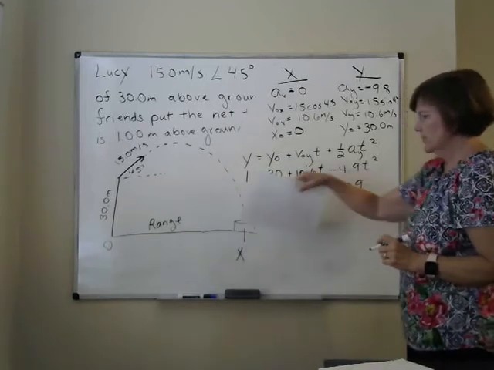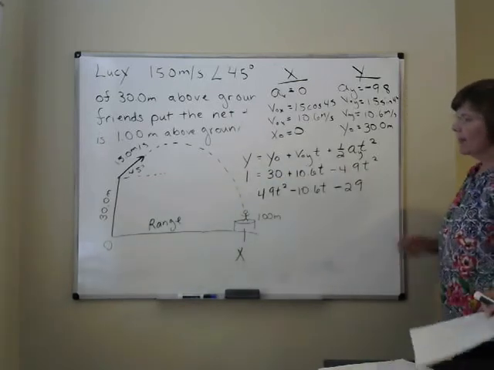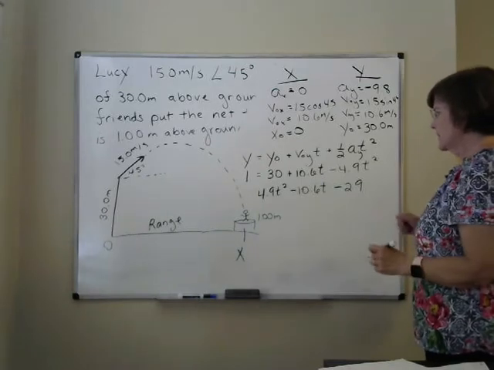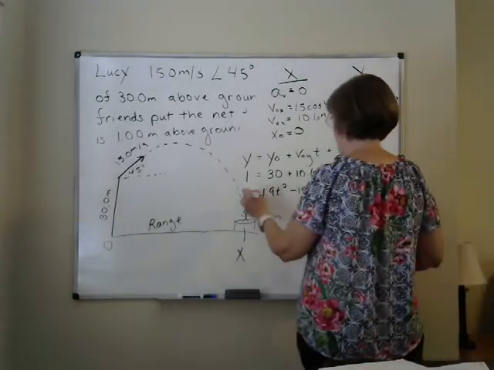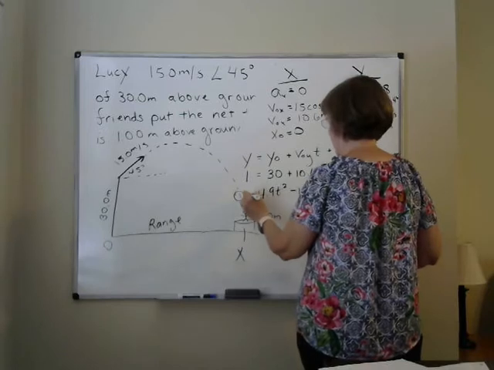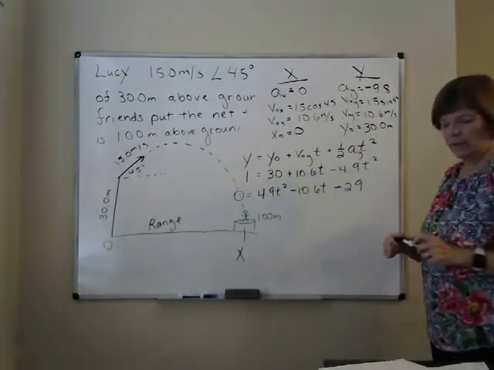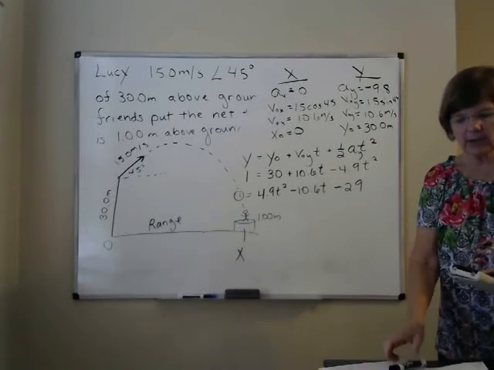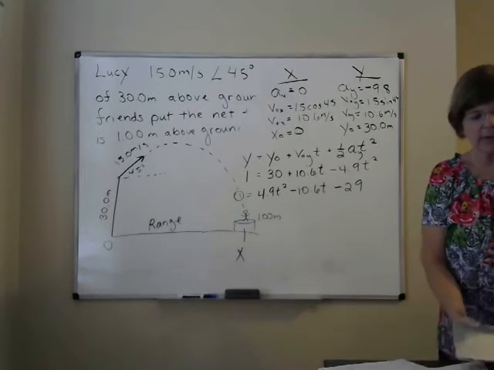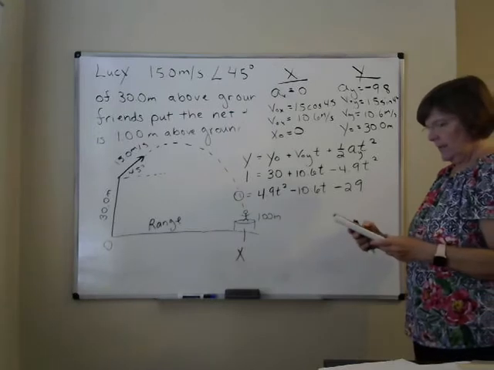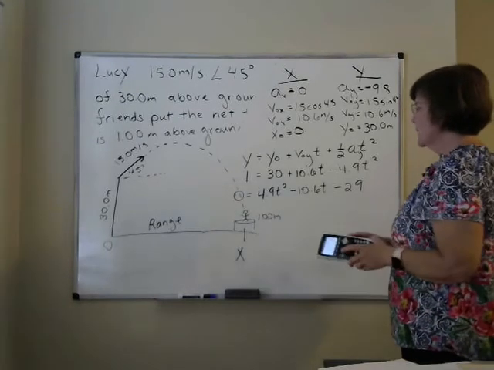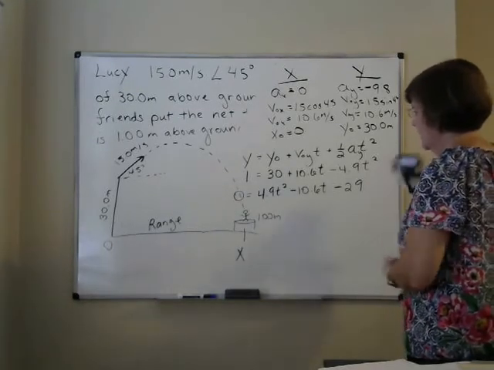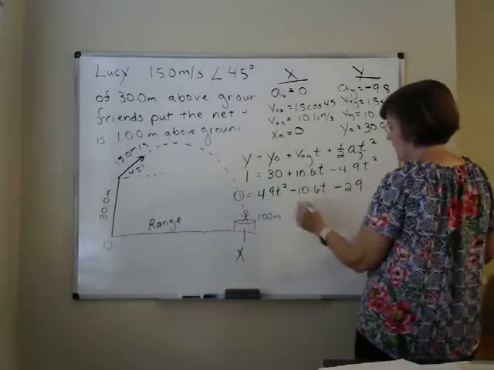Remember, I had a 1 here, so when I move that over, the easiest way, I think, to do this is in a graphing calculator. I'm going to graph two equations. I don't know if you'll be able to see this, but I may try to hold this really close to the camera so you can. Turn my calculator on. I'm going to graph this first equation, this part in y1.